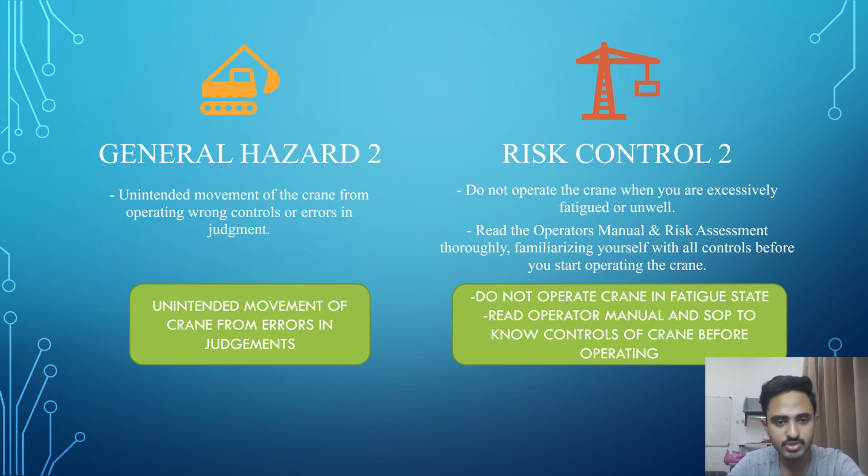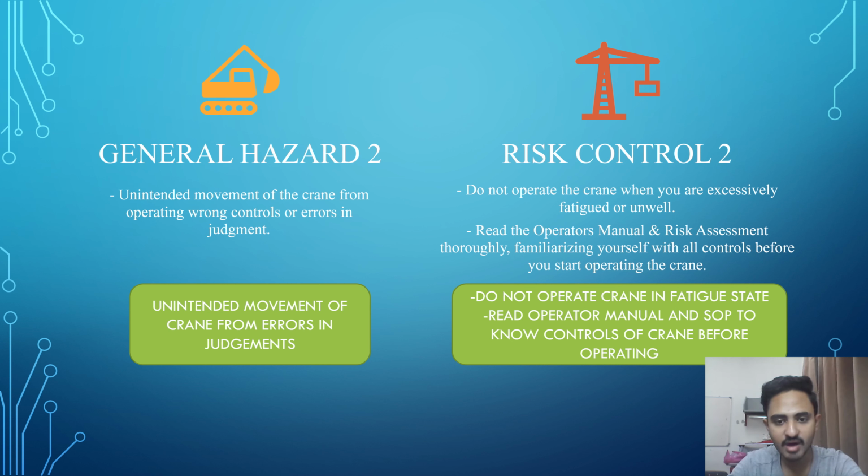In order to make sure it won't happen, we have to take some preventive measures. The risk control measure for this hazard is that one should not operate the crane when exhausted, fatigued or unwell. The one who is not feeling well cannot operate the machine, to make sure he does not give a wrong input.